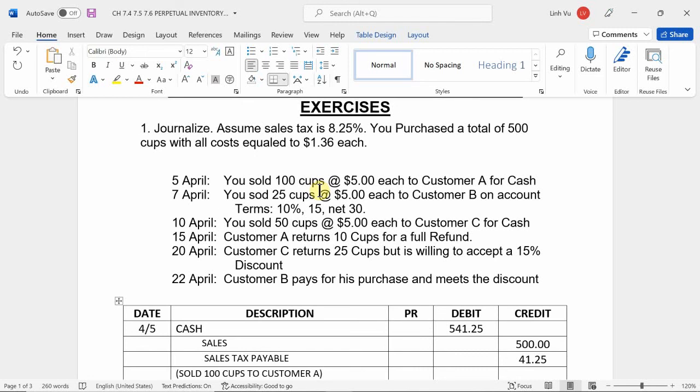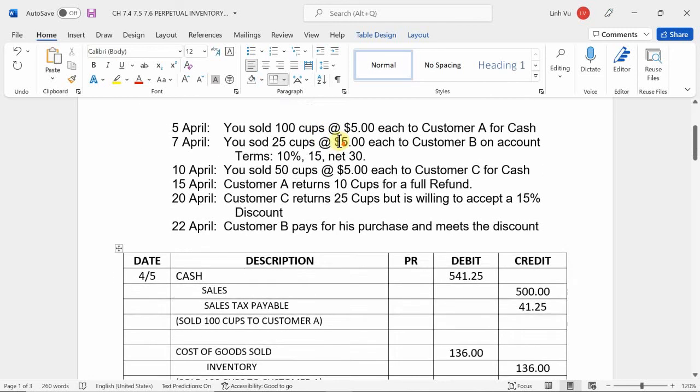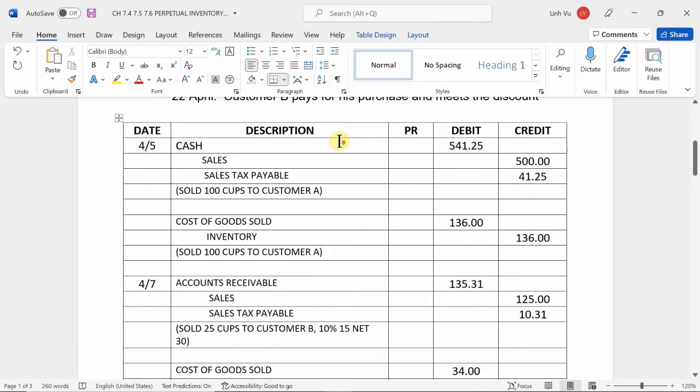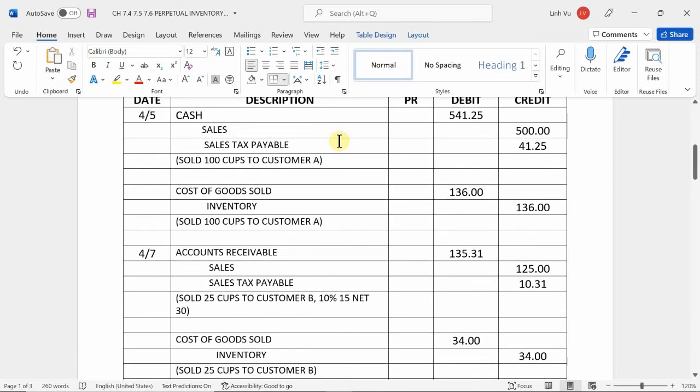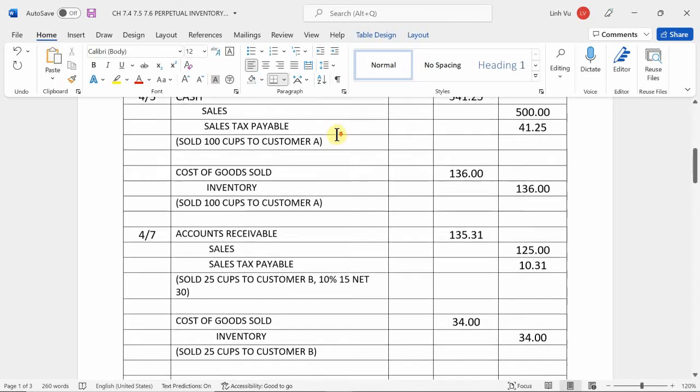So let's take a look at the transaction on April 7. Okay. April 7, right? Accounts receivable. His total sales was 125 because we sold 25 cups to customer B. The tax was $10.31. So what customer B owes me is $135.31. Okay.